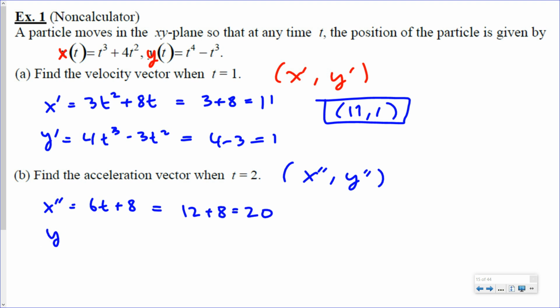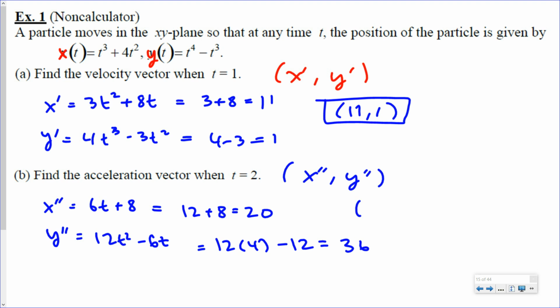Let's do your y double prime. Your y double prime is going to be 12t squared minus 6t. If I want acceleration at time 2, that would be 12 times 4 minus 12, which I believe is 36.